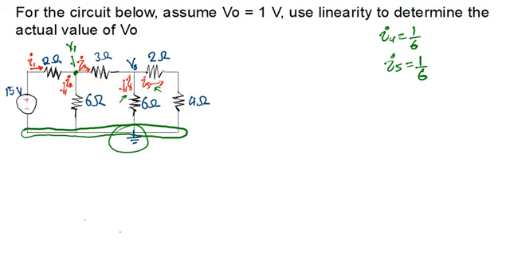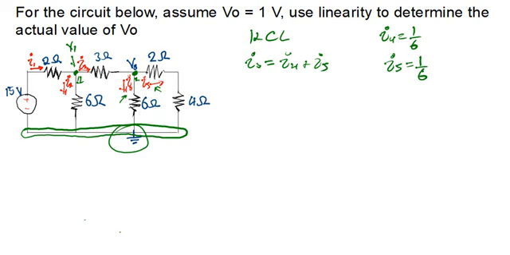What we do here is apply KCL at that node here. Let's say this is node 1, and this is node 2 here. If we apply KCL at node 2, we are going to find that your I3 is equal to your I4 plus your I5. Remember that the current that enters a node is equal to the total current that leaves a node, meaning the sum of all the currents entering and leaving the node sums up to 0.